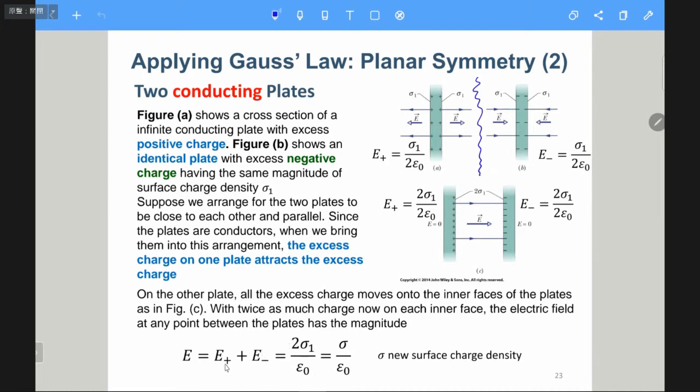Finally, it becomes 2 sigma 1 over 2 epsilon naught plus 2 sigma 1 over 2 epsilon naught, which becomes 2 sigma 1 over epsilon naught. And here we define a new surface charge density, because making it 2 times sigma 1 is strange. So we just replace 2 sigma 1 by sigma and put it here.